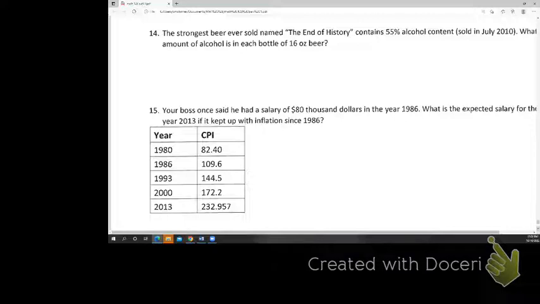Again, proportions. We know 55%, so 55 has to be over 100 because it's the percent. Which one would be the base? The 16, because that's the whole bottle. The alcohol is only part of what's in the bottle.